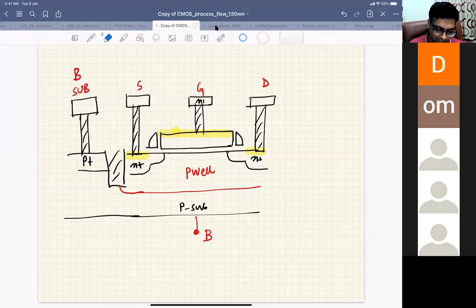The body is contacted through P plus, then your body contact. So when I talk about a four terminal device, your transistor is this. Similarly, for a PMOS transistor, your source and drain will be replaced by P plus and the P well will be replaced by an N well. Other things will remain the same.